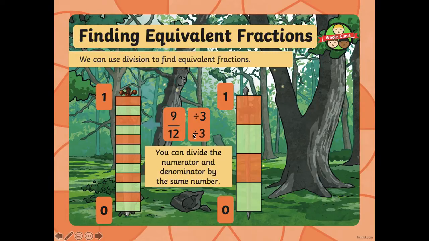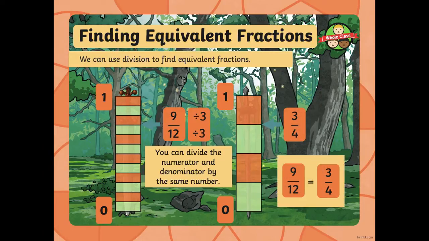Remember, they both have to be divided by the same number, and they have to divide equally. So, for example, if this was 11, you couldn't do it, because 3 doesn't go into 11 completely. So let's divide this by 3. That should be 3, and that should be 4, 3/4. So 9 over 12 is equal to 3/4.